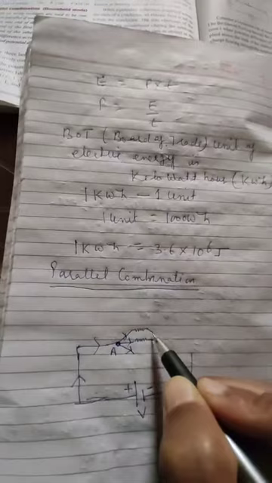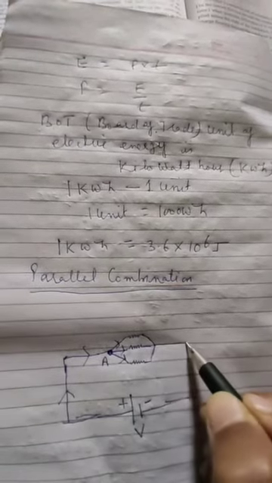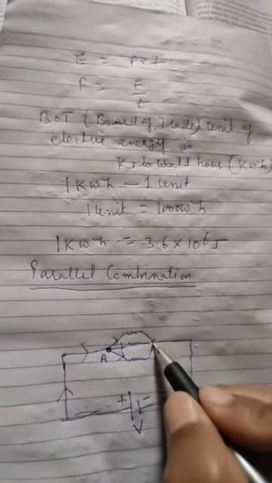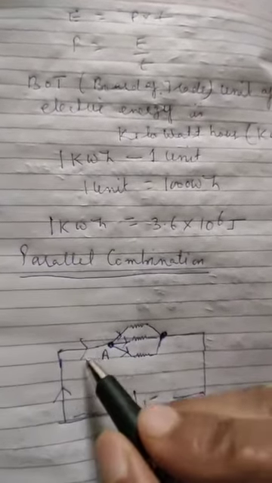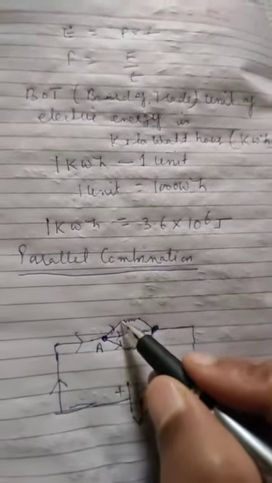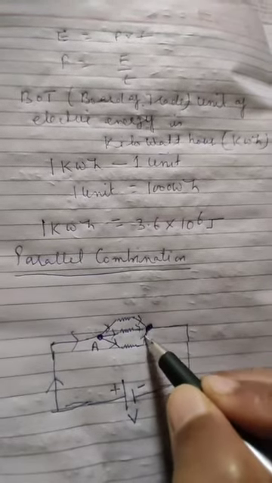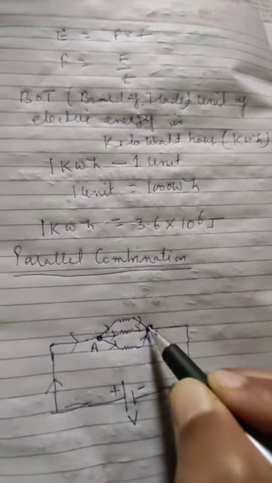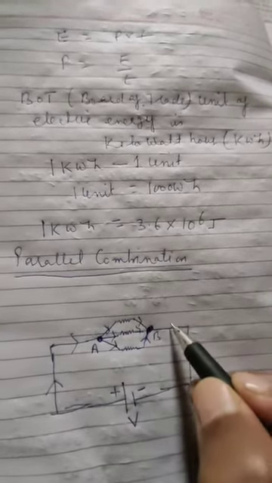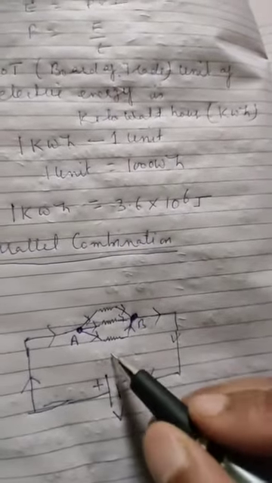This is your resistance. Clear? The current which is coming from the battery, when it reaches A, flows to these appliances, then comes back like this and reaches point B, and after that it combines here and flows to the negative terminal. Clear?